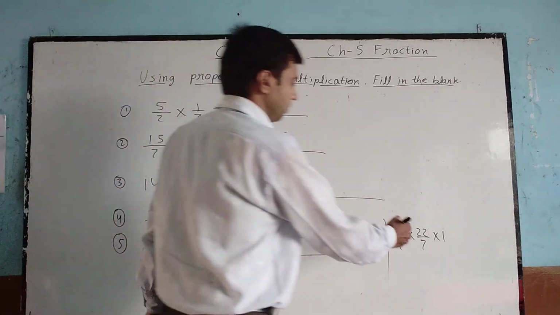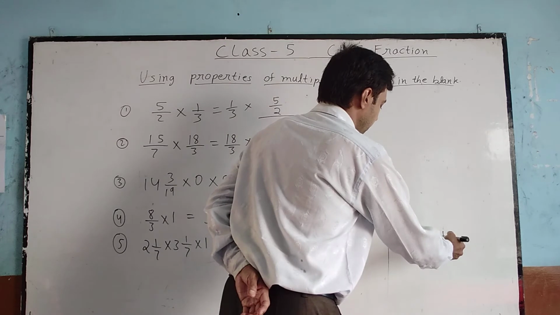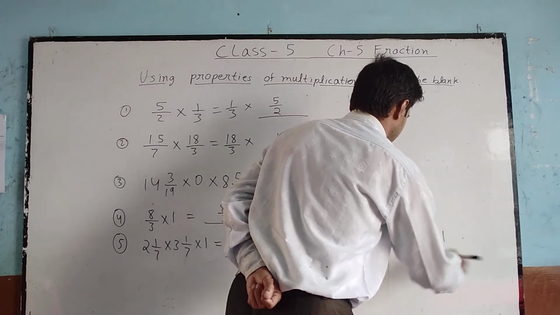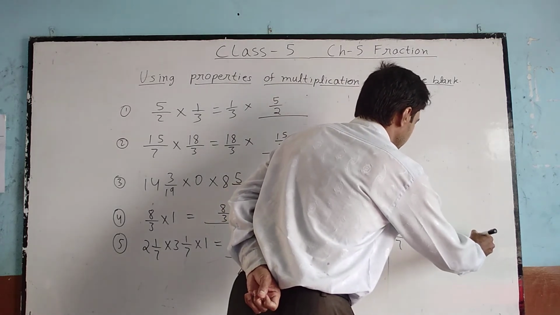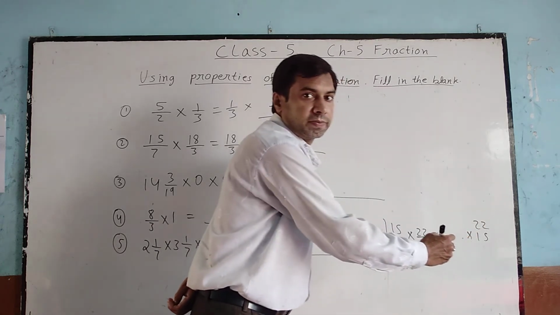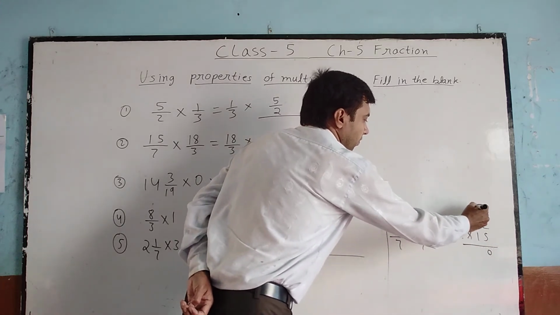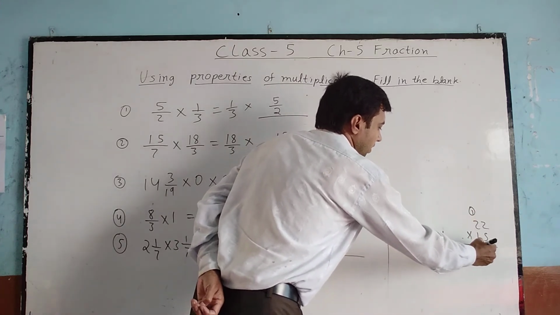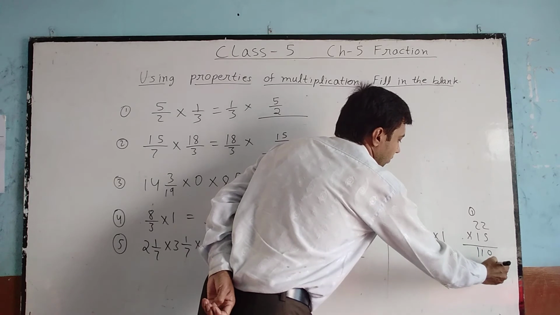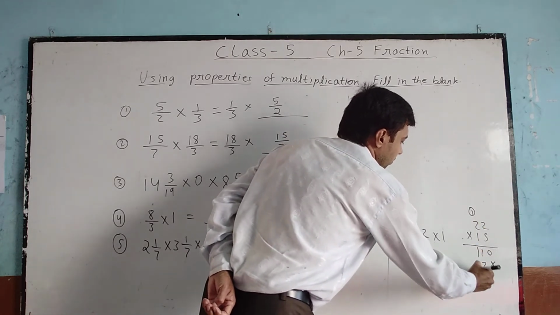Now students, we multiply. We cannot reduce it, we cannot cut it. Now what do we do? Simply we multiply. 5 twos are 10, 1 carry. 5 twos are 10 plus 1 is 11. Now cross. 1 times 2 is 2.